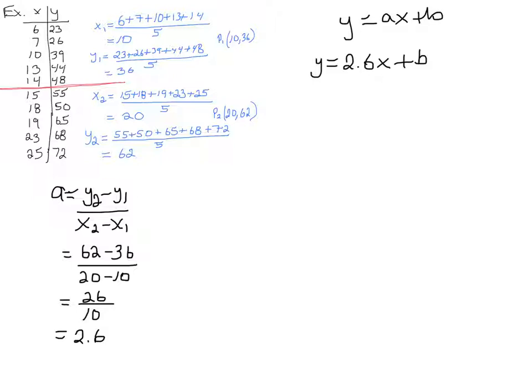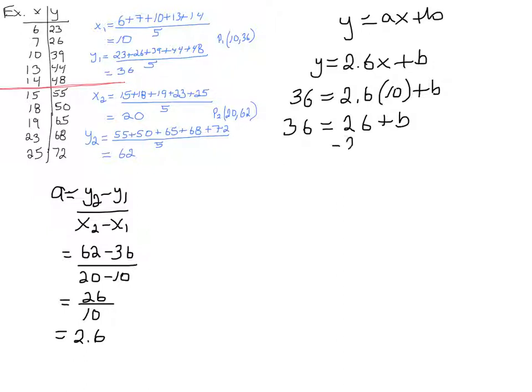Exactly. So I'm going to plug in the point (10, 36). You could use either point, but I'm going to use (10, 36). So x is 10, y is 36. So 36 equals 2.6 times 10 plus b. 2.6 times 10 is 26, plus b.